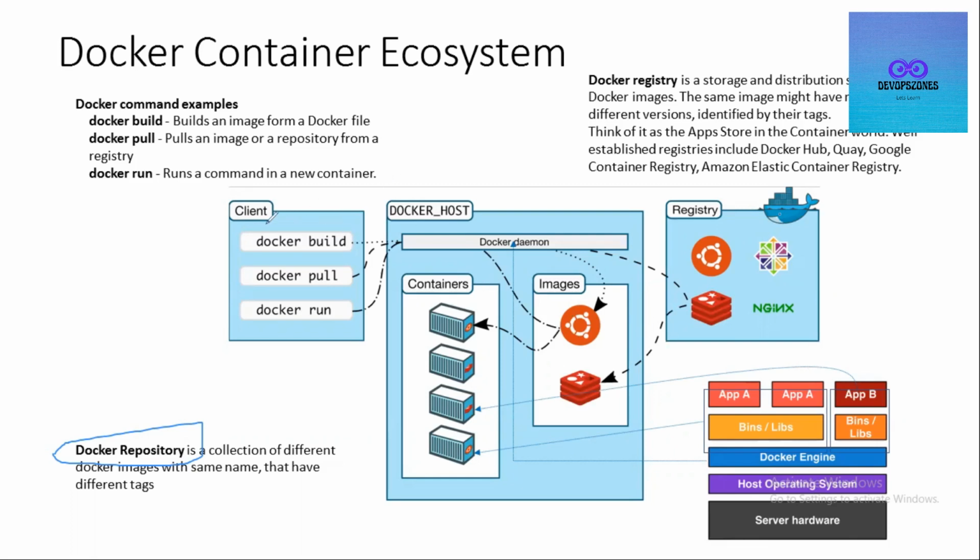So if you see it here, essentially you are having images, right? Let's think this is in your Docker host locally, right? You're saving all these images on your Docker host, right? And using those images you are creating multiple containers, right?